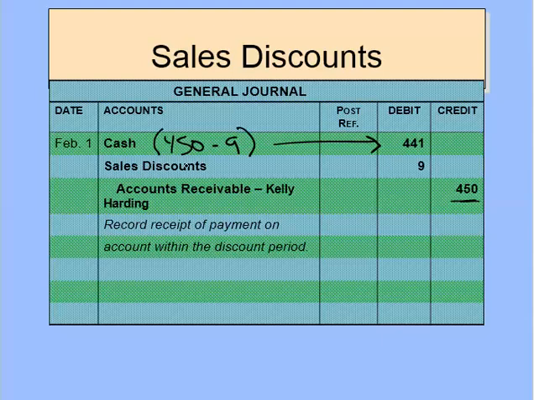Excuse me, we're offering the discount in this case to our customers of $9. So we're only going to receive $441. The customer gets to take advantage of a $9 discount. We're going to record that under that contra revenue account, sales discount. So again, we can keep track of the amount of discounts that we're giving to our customers. And then we'll go ahead and credit the customer's account in full for the amount they owe for the merchandise.